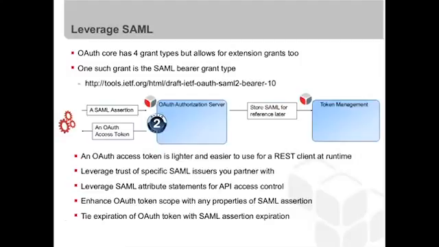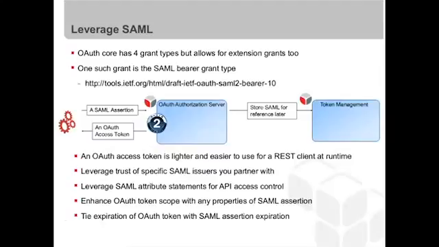So you would have to verify the SAML assertion during the handshake, verify that it's signed by a SAML issuing authority that you trust. And you would also leverage information about the SAML assertion to inject information in the scope of the OAuth session. So you can use, for example, SAML attribute statements, or you can leverage the issuer of the SAML assertion to specify a scope that is relevant.